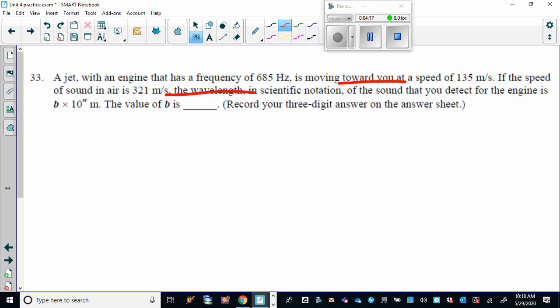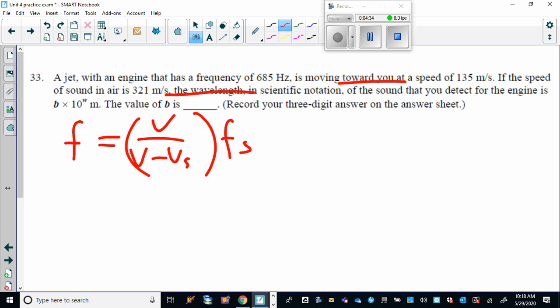It asks for the wavelength of sound you detect. Good, I'm glad we're doing a question like this because something will come up at the end where you have to make a decision. So Doppler effect, toward you, so it's a minus. Plug in the numbers.